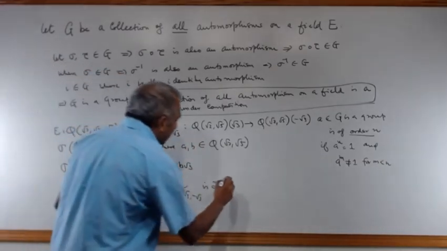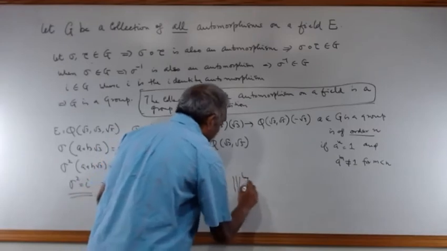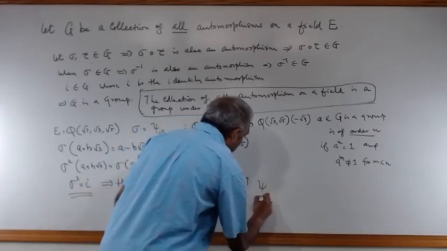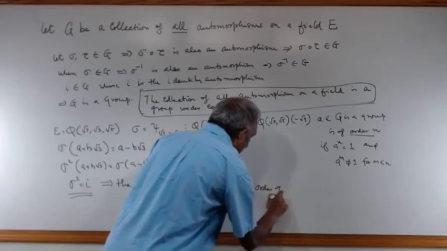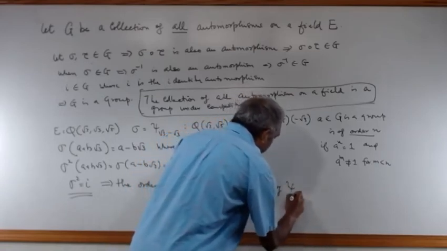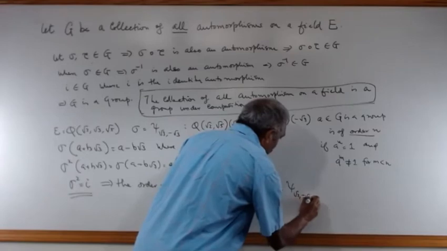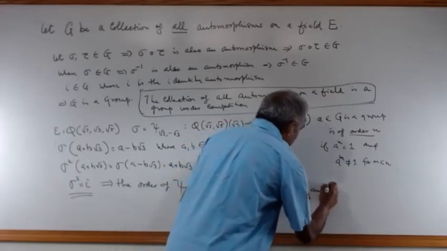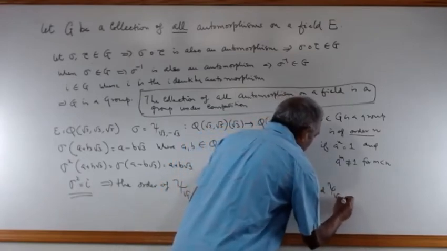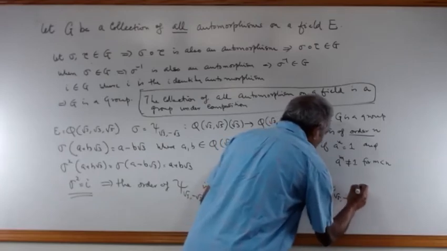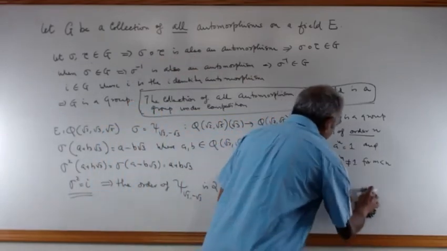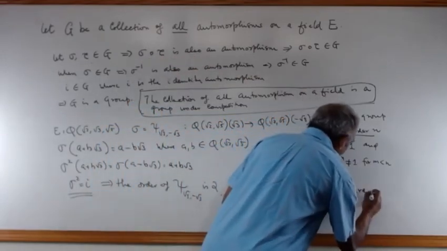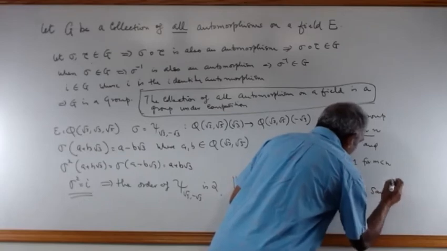And similarly, you can say the order of psi of root 2, minus root 2 and psi of root 5, minus root 5 are the same and equal to 2.